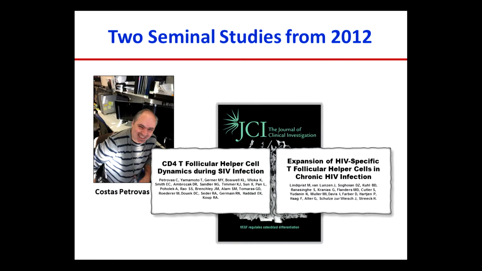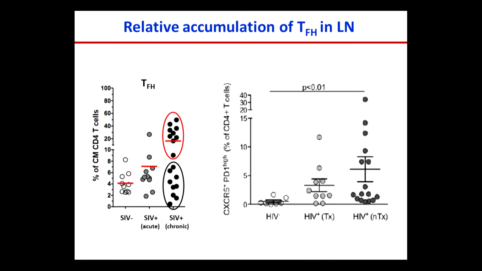And the data look like this: with SIV infection on the left, or HIV infection on the right, instead of seeing a decrease in T follicular helper cells, you actually see in about half of the monkeys an increase in T follicular helper cells. And in humans, you see a number of individuals have this increase in T follicular helper cells.